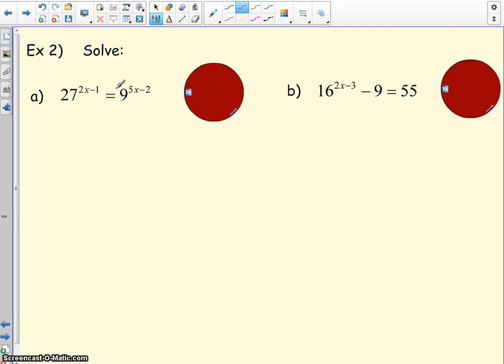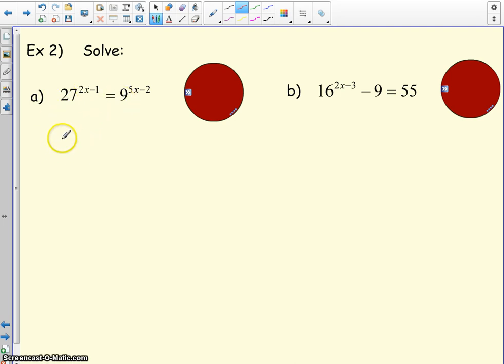In terms of what base I want to use, you need something that both 27 and 9 are a power of. You can't use 9 as a base because 9 to any power is not 27. However, both 27 and 9 are powers of 3.